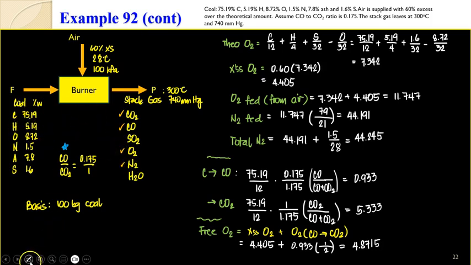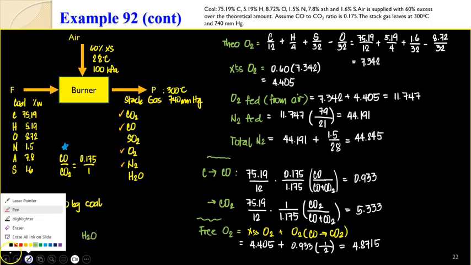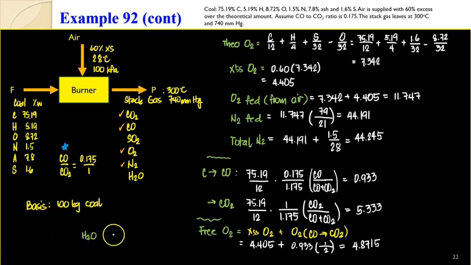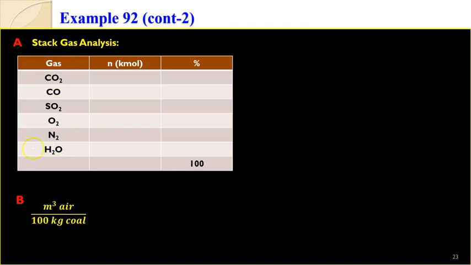There's no H2, so we can solve for H2O from combustion. That's basically equal to 5.19, that's H, so divided by 2, you'll get 2.595 kilomoles.